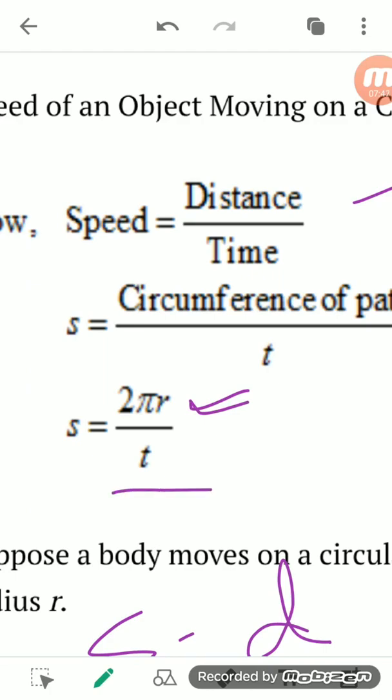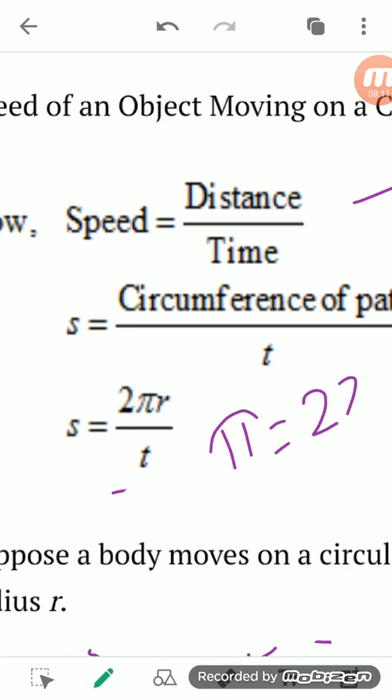We can represent speed by s as well as by v. So v equals 2 pi r upon t, or s equals 2 pi r upon t. The value of pi is 22 upon 7.